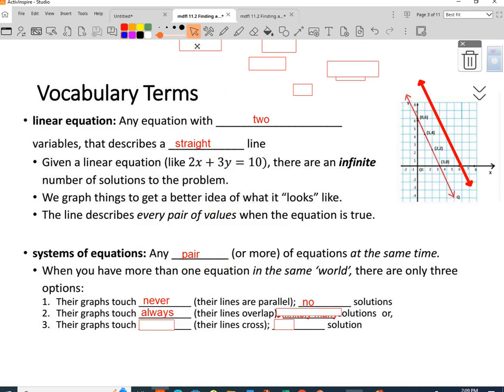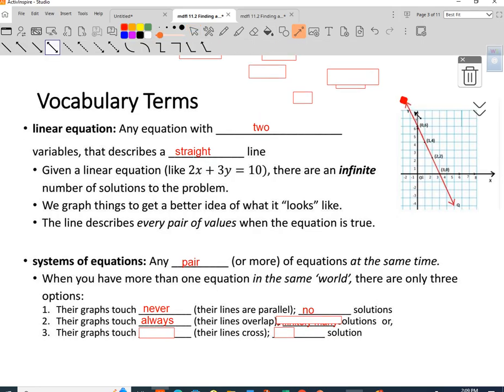If the graphs touch always, then they're actually the same line. If all points touch, that means one is graphed on top of the other, and that means all their points are equivalent.